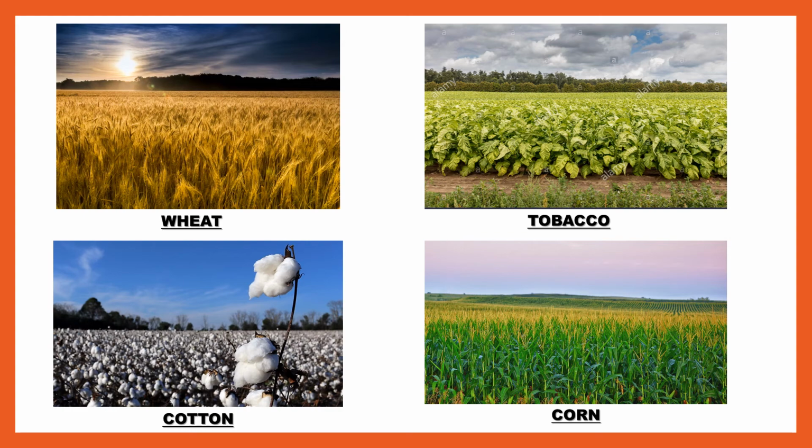In Mexico, maize is the staple food grain. Staple food grain means a food that is eaten routinely. So it is a very common food grain, but today maize is grown as a cash crop.